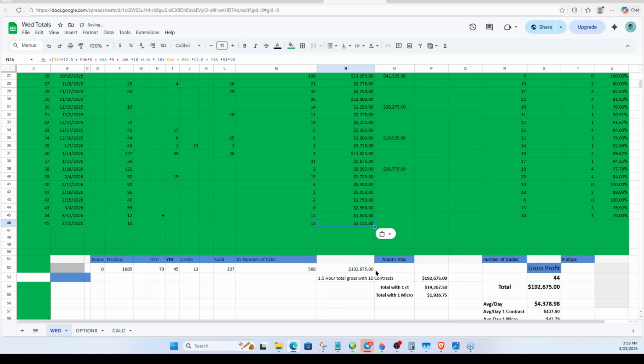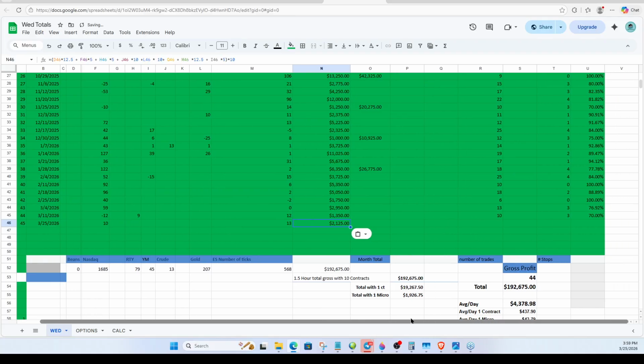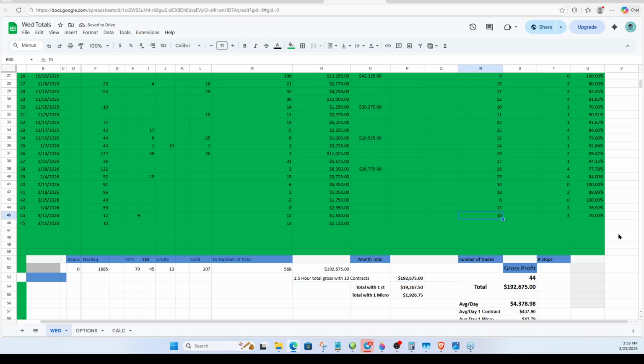Copy, paste. Hey, it's better than last time. We had 4 or 5 trades. That was total number of trades, that's correct. Total number of stops, 0. Oops, wait, those were last week's. This is 5 and 0. So this would be 100% today.